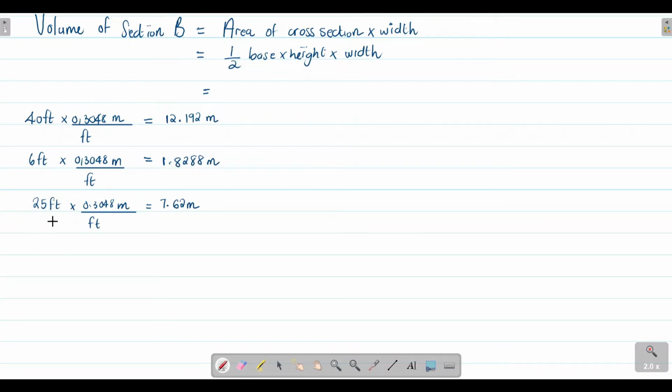And if you take 25 feet and multiply by 0.3048, you will get 7.62 meters. That is how you're supposed to convert from feet to meters. Guys, this part is very important. You need to show this working out because they count marks. Do not skip this part out. Show the working out.